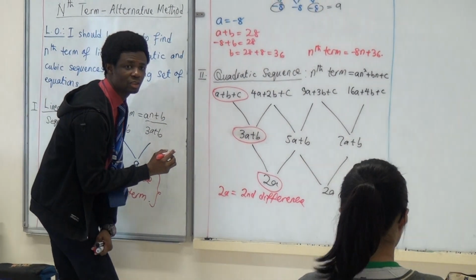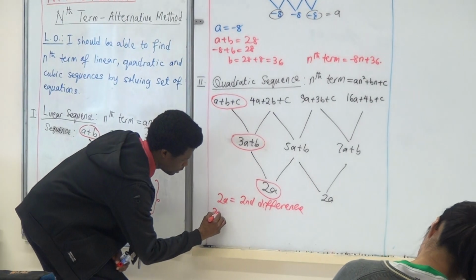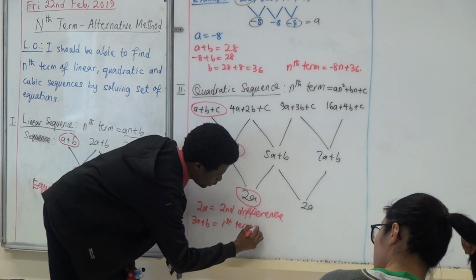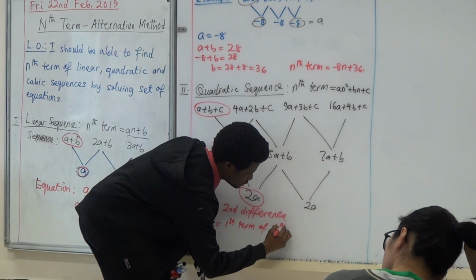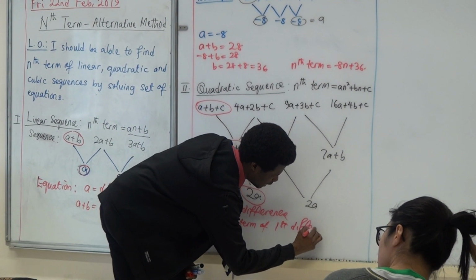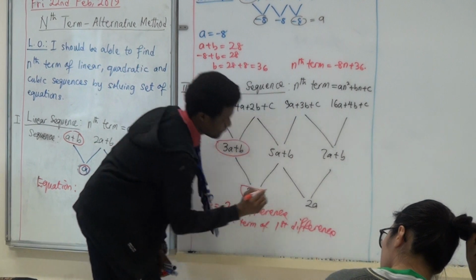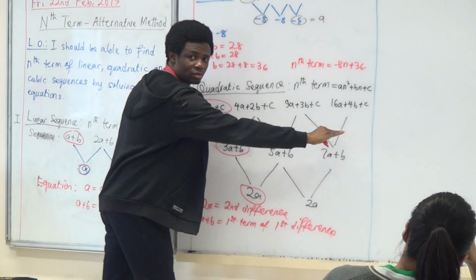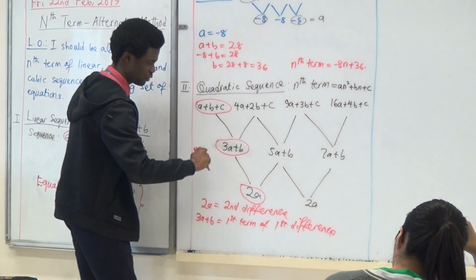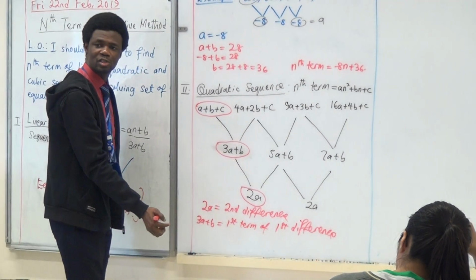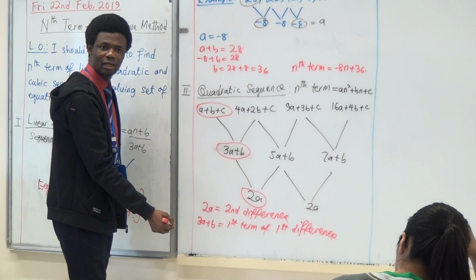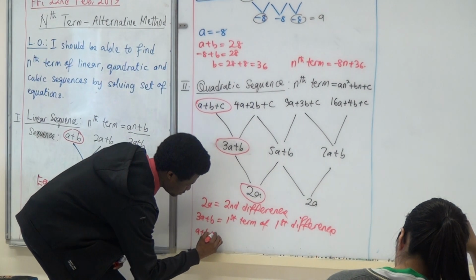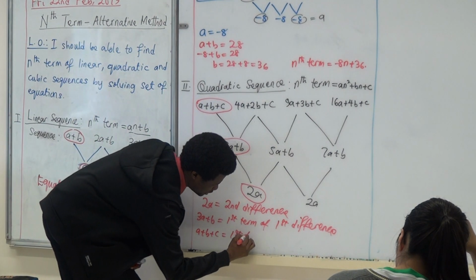Okay, 2a is the second difference. 3a plus b is the first term of the first difference. Can you see that? Because your first difference is a sequence on its own, right? The first term of them is your 3a plus b. Then a plus b plus c is just the first term of the sequence itself.